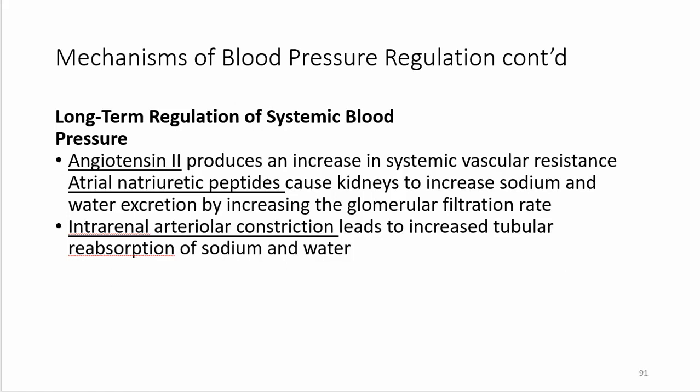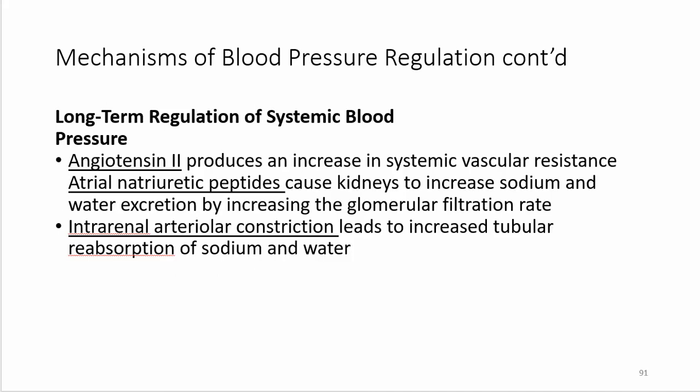Protein from the atrium that puts sodium in your urine. So it makes your pee salty. It causes you to increase the excretion of sodium. By increasing the excretion of sodium, you're also going to increase the secretion of water, because the water is directly linked to the osmolarity of sodium.